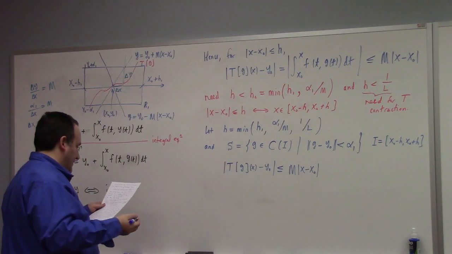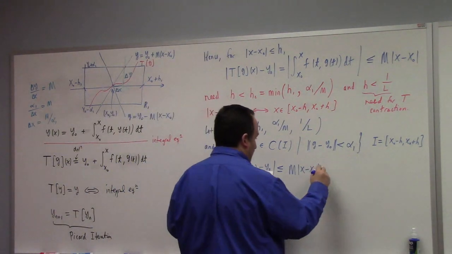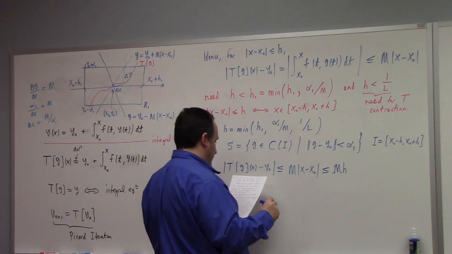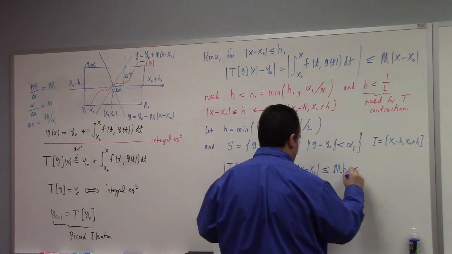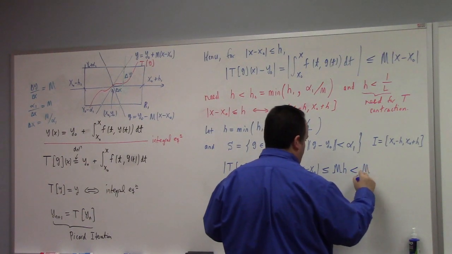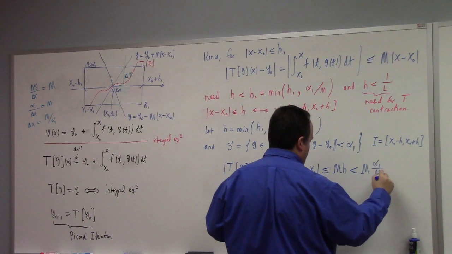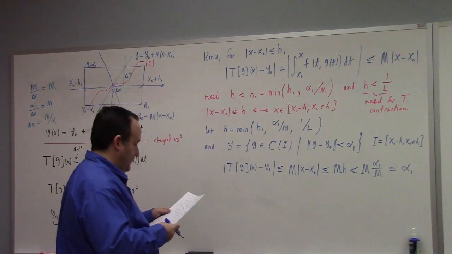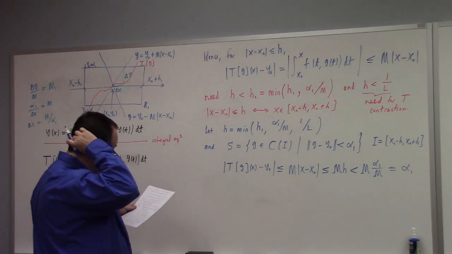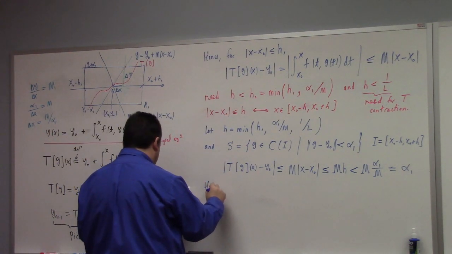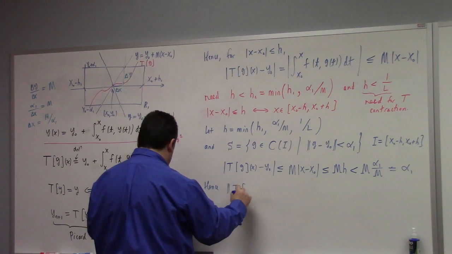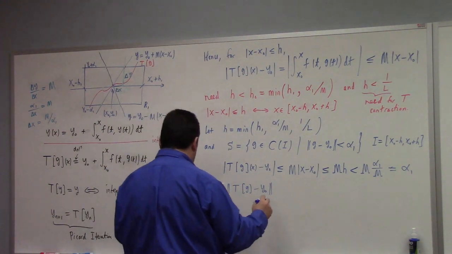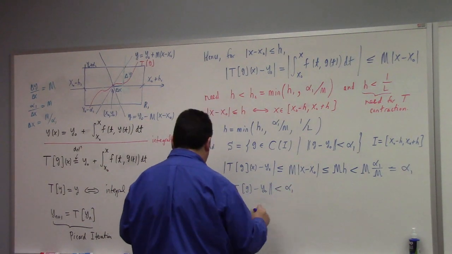But now we can say more: that's less than or equal to MH, which is by construction less than M times alpha 1 over M, which is equal to alpha 1. Hence the norm of the function T of G minus Y naught is less than alpha 1.